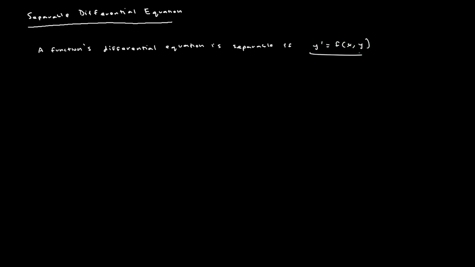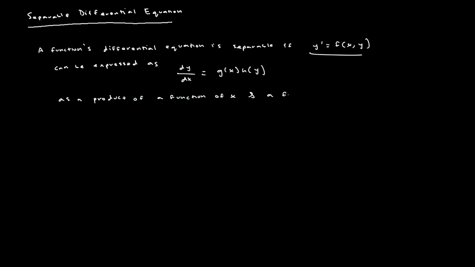So that's the function's differential equation, can be expressed as dy over dx is equal to g of x times h of y. In other words, as a product of a function of x and a function of y.